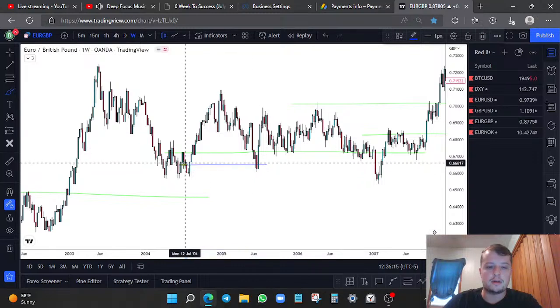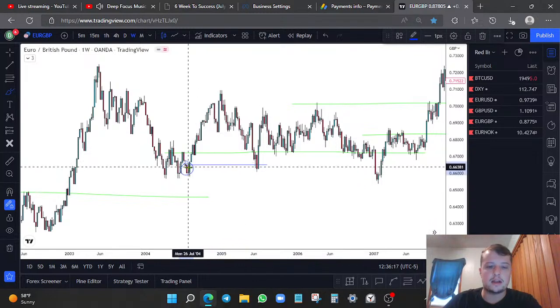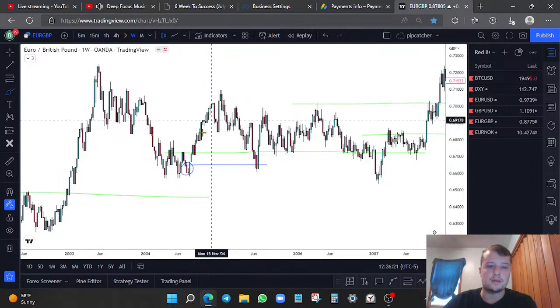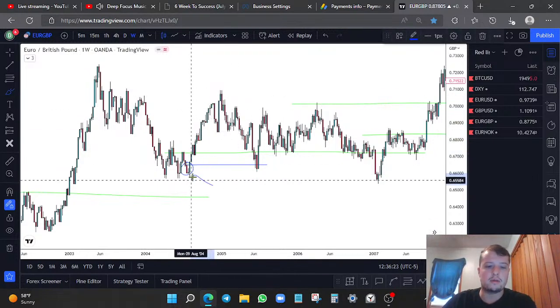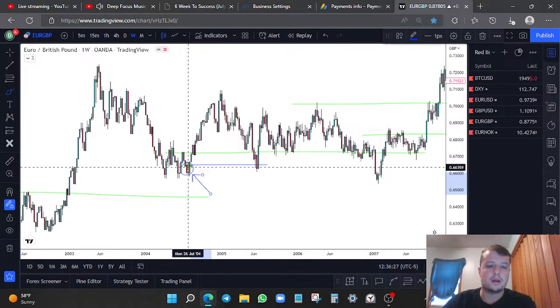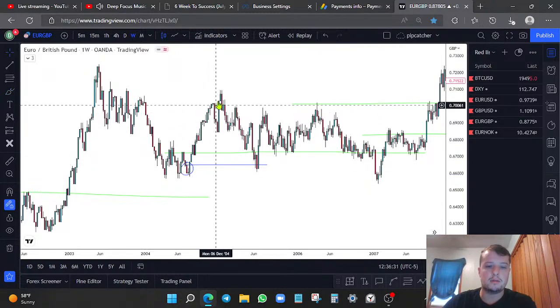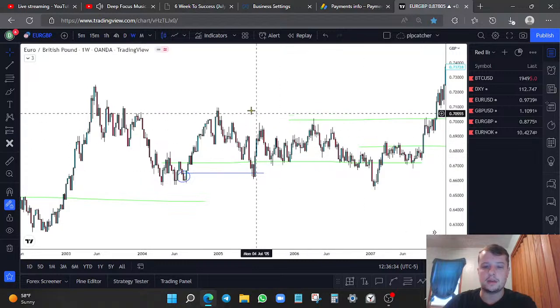there's another last selling candle before this huge buy to the upside. So I'm looking right here, right? This last down candle before this big move to the upside.